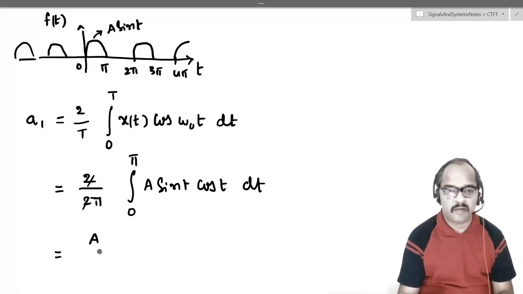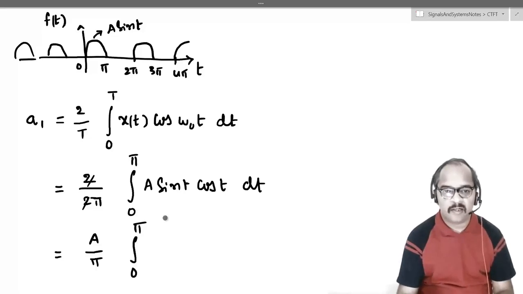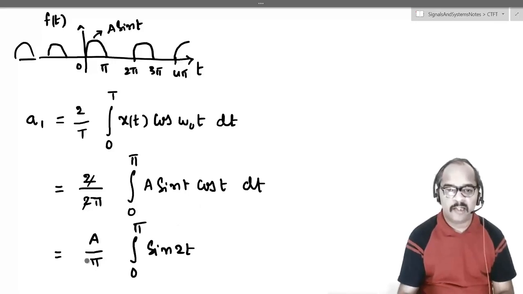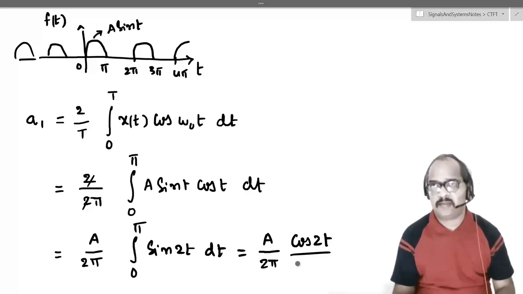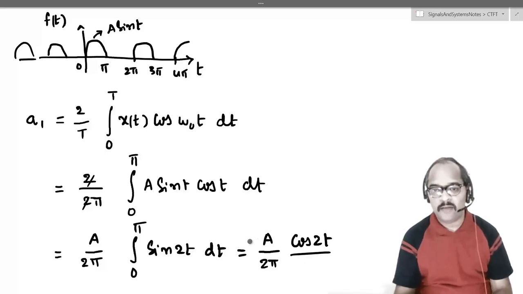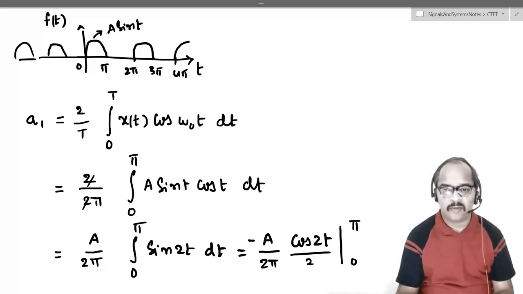So this would be equal to A by pi integral 0 to pi of sin t cos t. Sin t cos t you can write as sin 2t divided by 2, and that 2 I'll keep out, dt. So this should be equal to A by 2 pi. The integral of sin 2t is minus cos 2t divided by 2, and the integral limits are from 0 to pi.